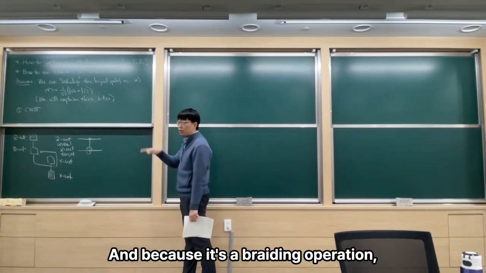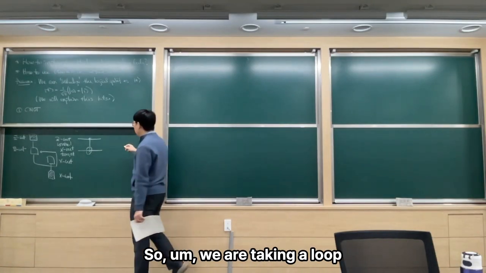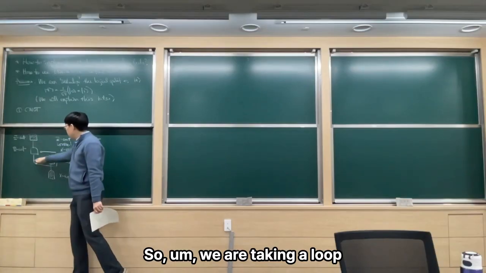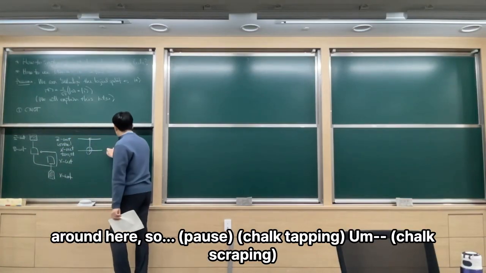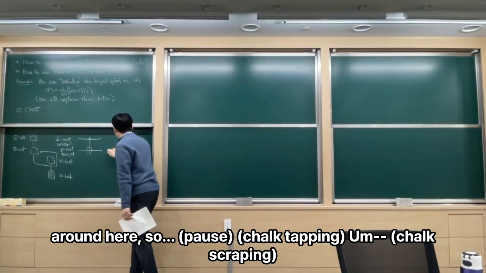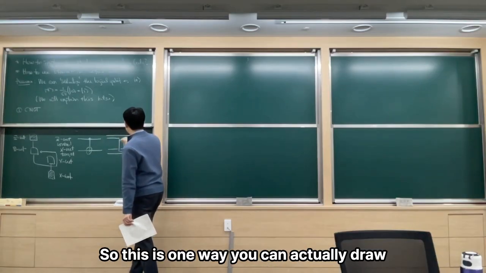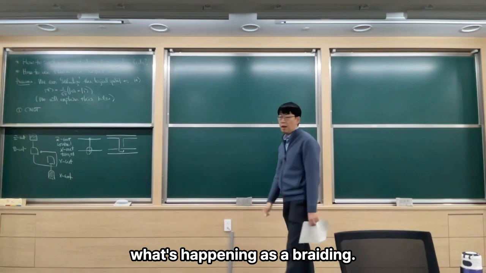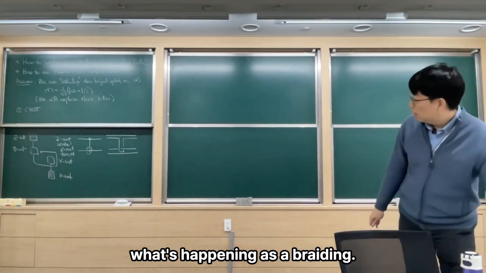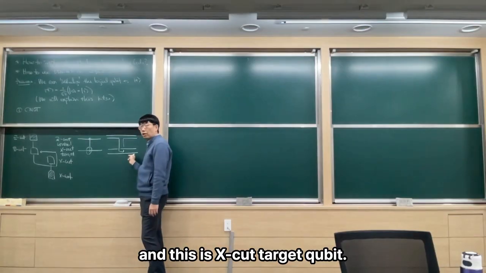And because it's a braiding operation, there is another way of drawing this. So we are taking a loop around here. So this is one way you can draw what's happening as a braiding. Still, this is the Z-cut control qubit, and this is the X-cut target qubit.